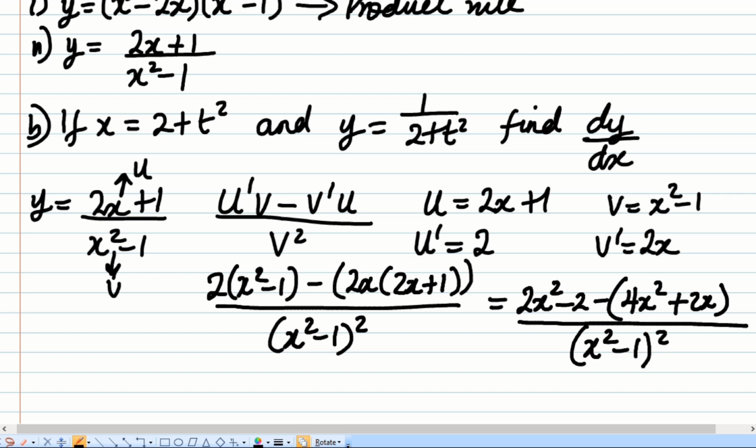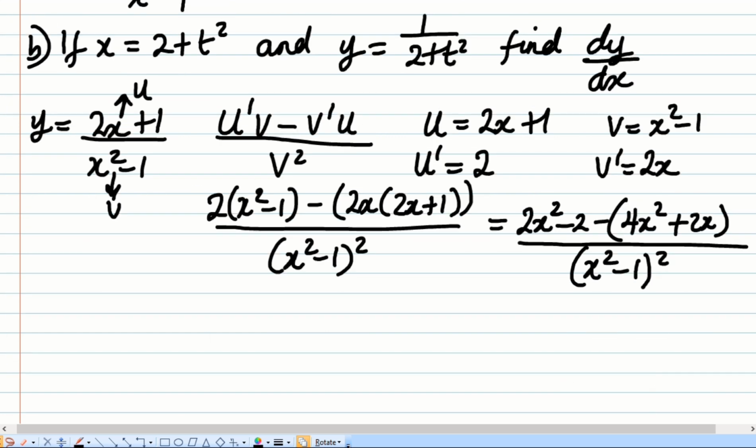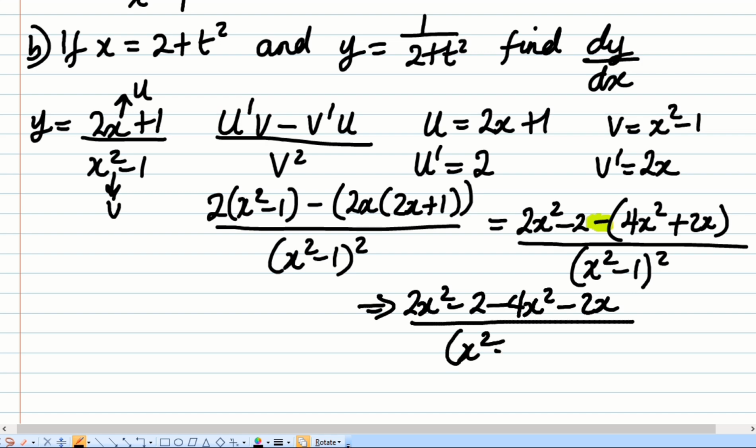Now, using the negative sign to multiply out the bracket, you can clearly see the negative sign there. This is going to be 2x squared minus 2 minus 4x squared, and then minus 2x. Okay, and then this is all divided by x squared minus 1 raised to power 2.